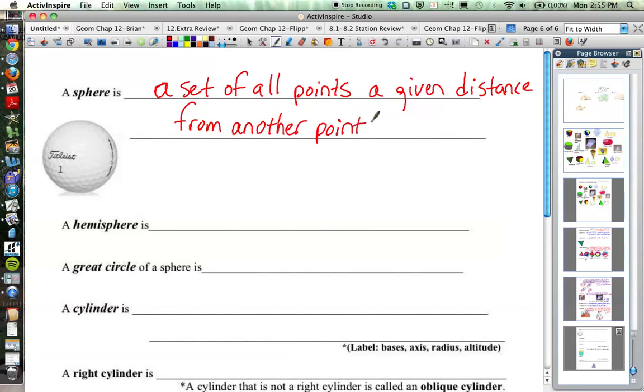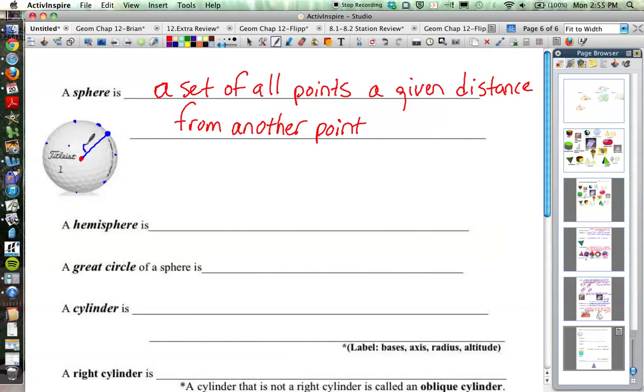Okay, so in a sphere like this golf ball over here, you've got the center inside of the golf ball, the exact center. And then you have a radius that goes out to the edge, right here. The set of all points on the outside of this golf ball will all have the same distance to the center.